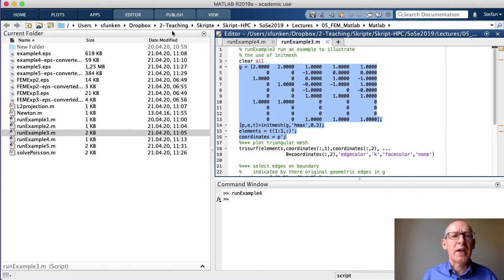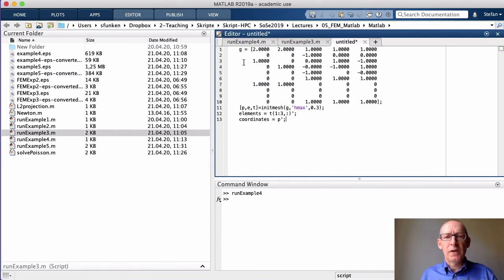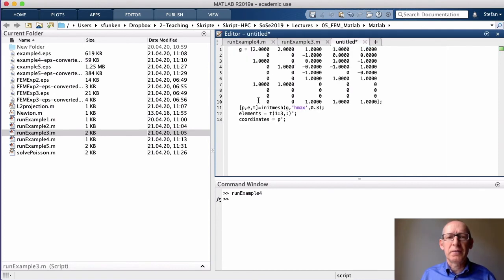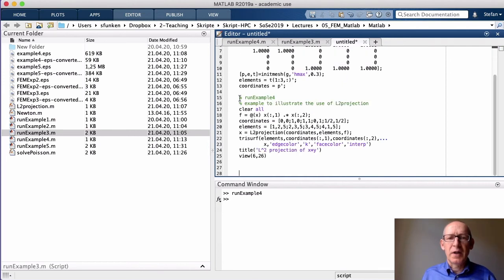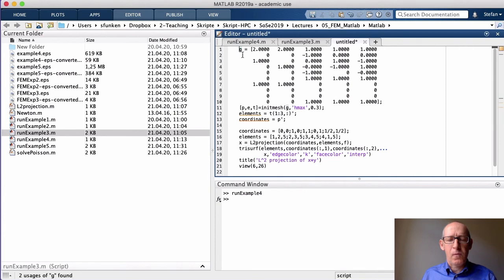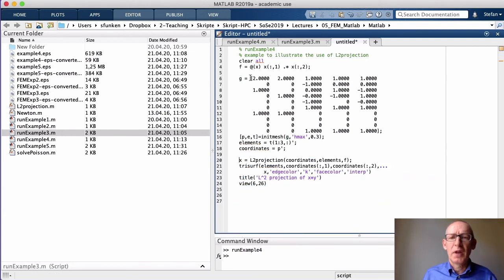Therefore, we create a new file for the generation, and we copy this here, put this on top, and delete these parts, and delete everything that's given here.